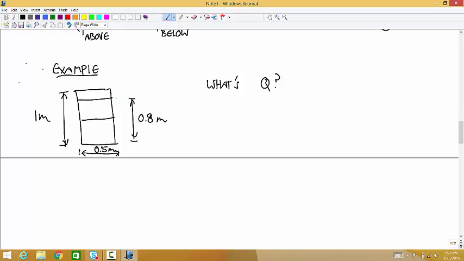Okay, so this is our line y1, so this is the area we want. And then the centroid of that area is here. So the area is equal to, what's that, 0.5 times 0.2? So 0.1 meters squared.